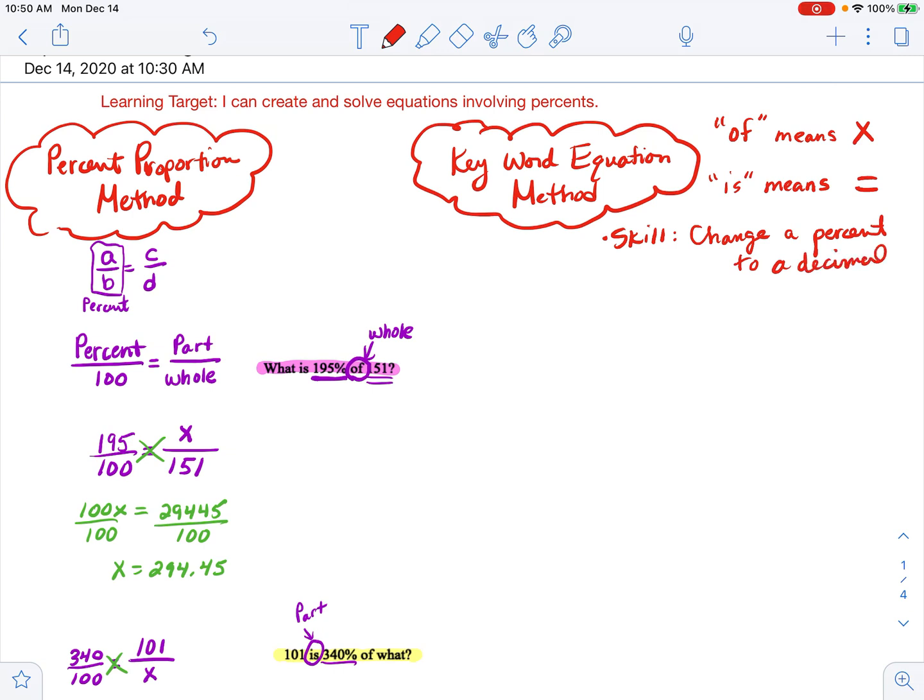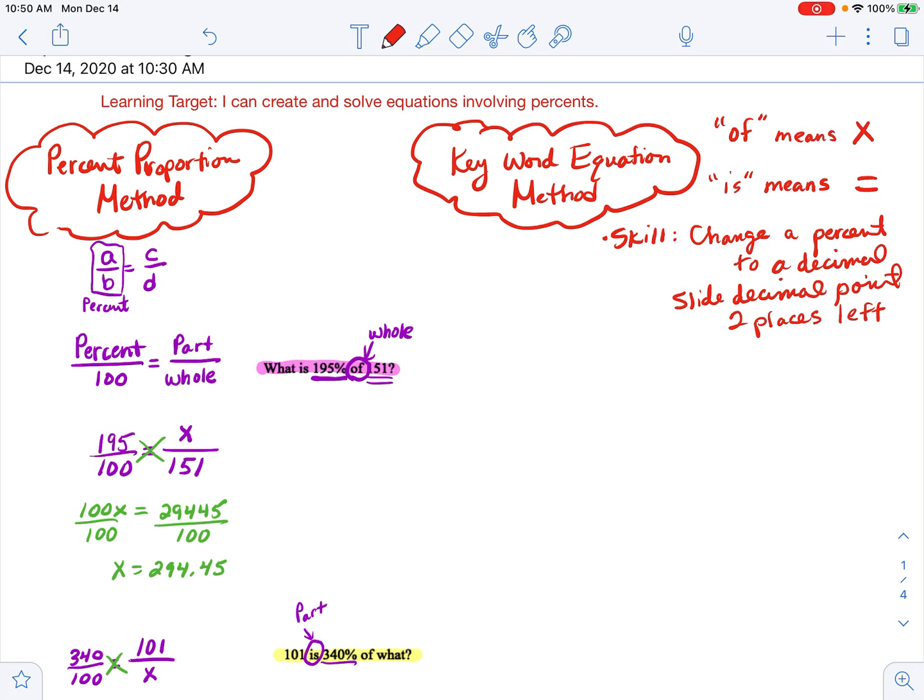You can take the percent and divide it by 100, or you can slide the decimal point over 2 places to the left. I like doing it that way. It's much easier. So slide the decimal point 2 places left.